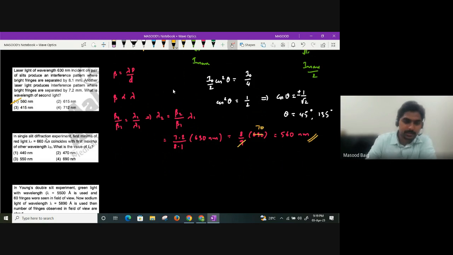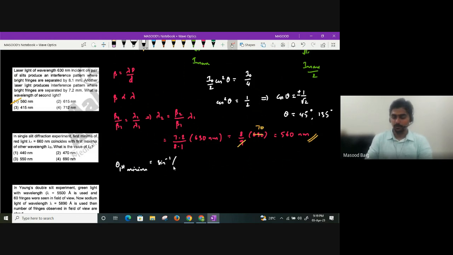In a single slit diffraction experiment, first minima of red light, 660 nanometer, coincides with first maxima of another wavelength lambda 2. What is the value of lambda 2 they are asking? First of all, please tell me what is the angular position of first minima?